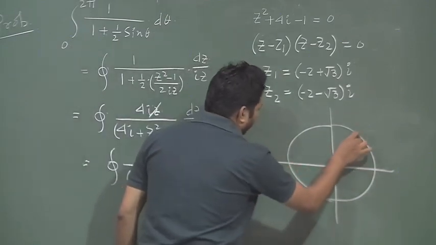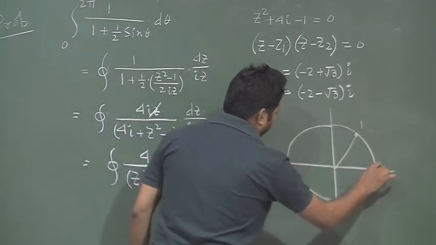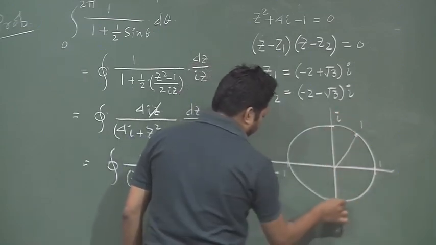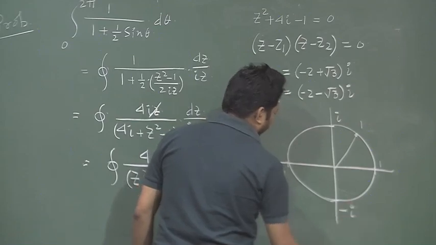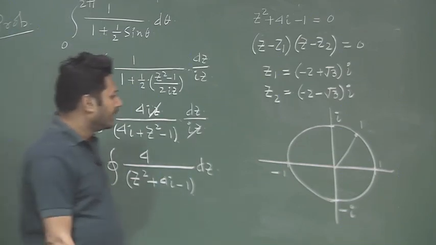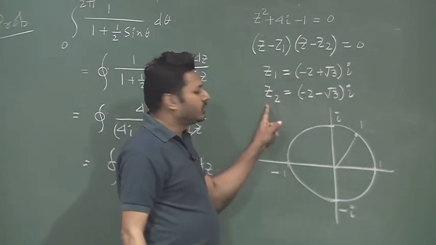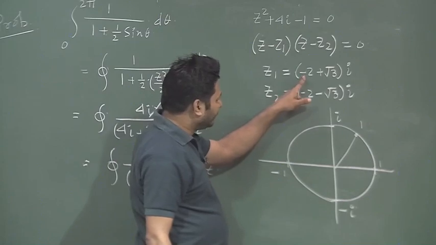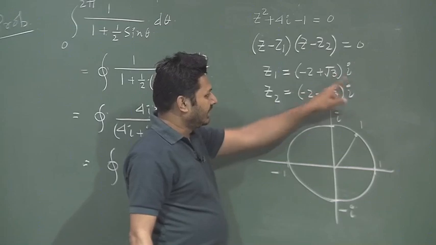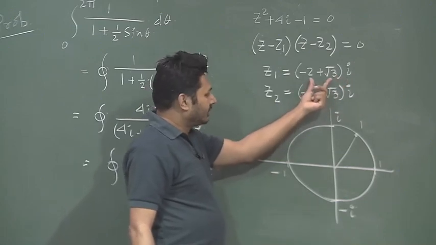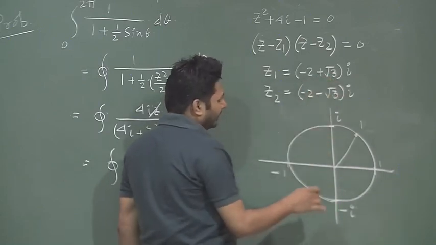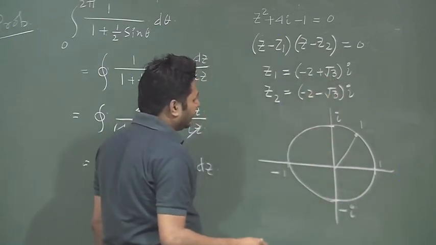So, this value is 1, this value is 1, this value is minus 1, this value is I, and this value is minus I. So, now if I look to these two, Z1 and Z2, we can readily find that minus 2 plus root 3 I, this quantity is somewhere here, where root 3 is around 1.7 or something.